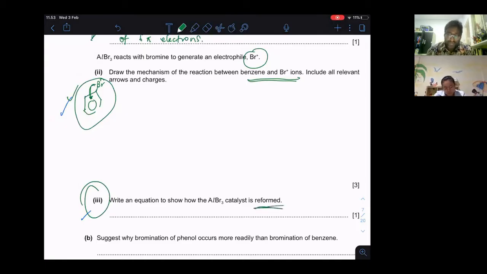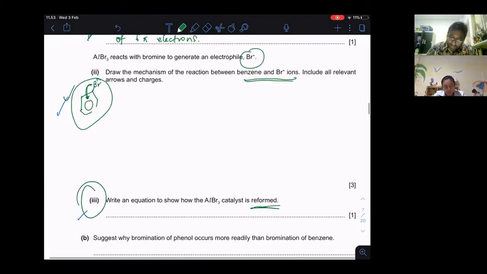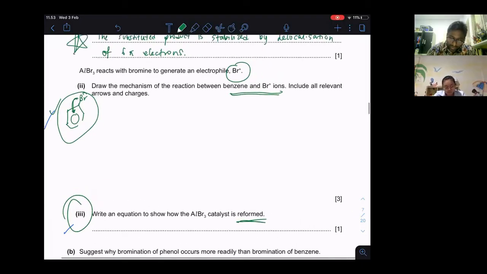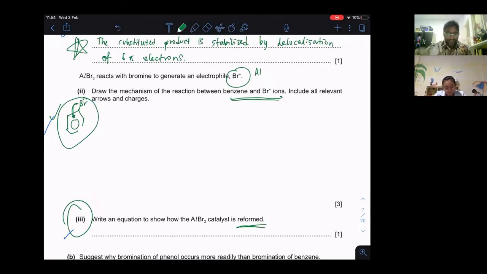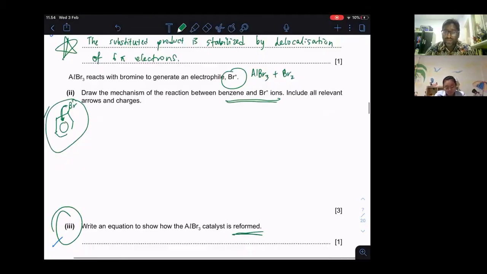That is afterwards. It's supposed to be AlBr3 reacting with Br2. Please remember how the reaction actually takes place.